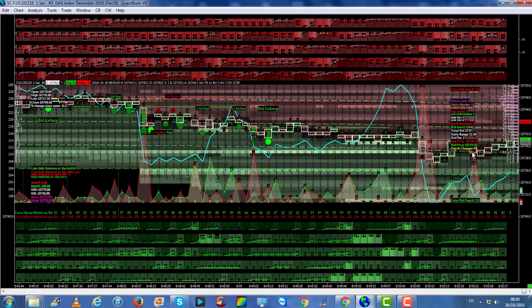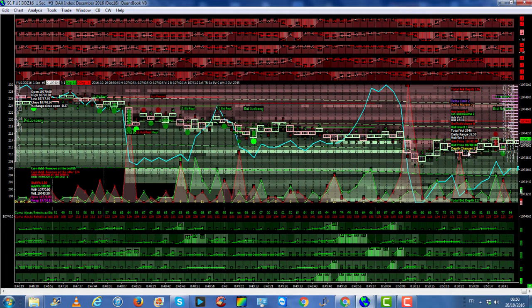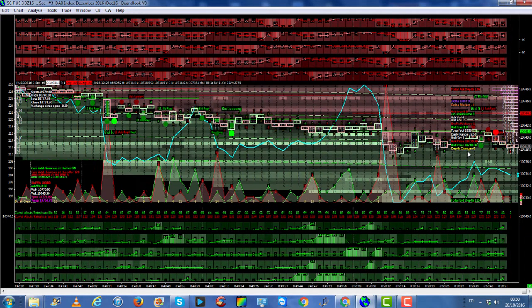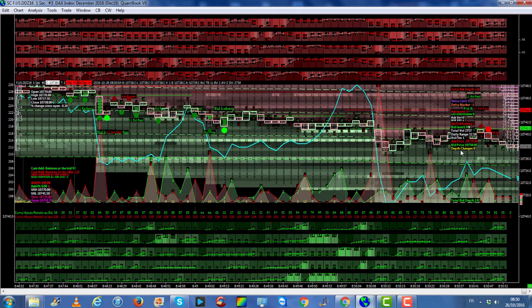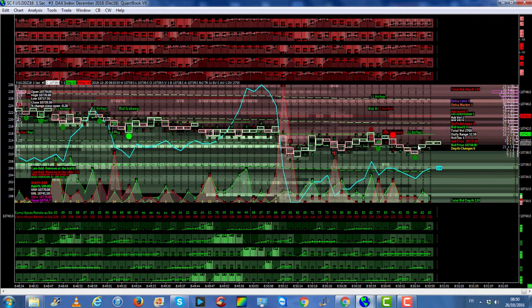And depth changes, it's just the number of changes in the book, the number of times we had a limit order which was added or removed from the book.